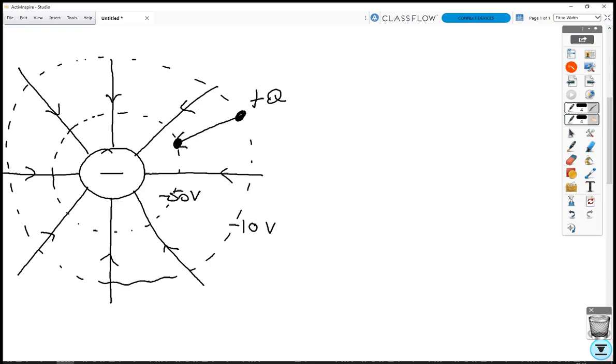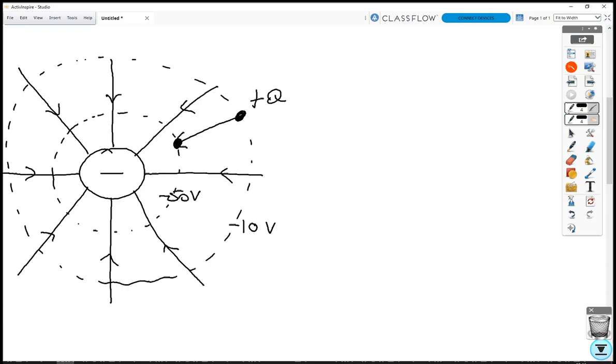But in this case, because it's a positive charge in a field that's generated by a negative charge, our test charge is not going to be doing the work, rather work is going to be done on it.